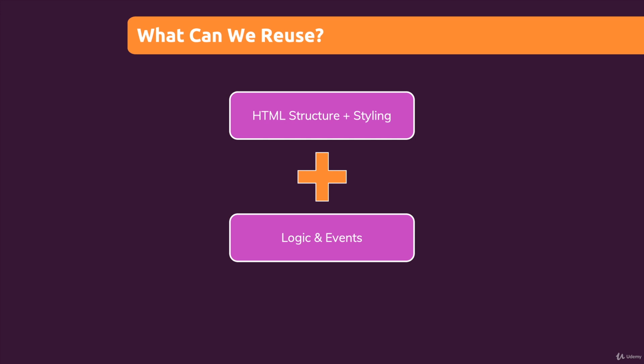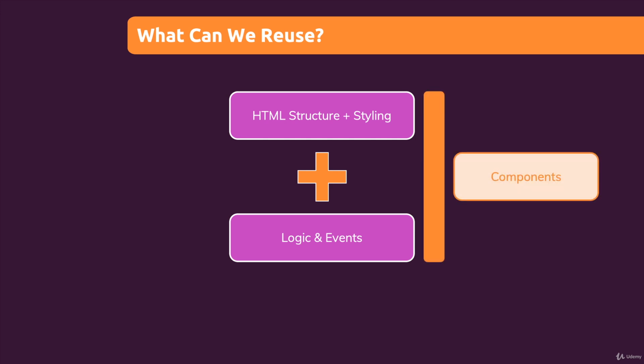And that's exactly why we have this components concept. With this core concept built into Vue, we have a powerful way of encapsulating structure, styling, and logic into a component, and then using that component wherever we need it on the page. And thanks to props and slots, we can still customize this component to a certain extent.